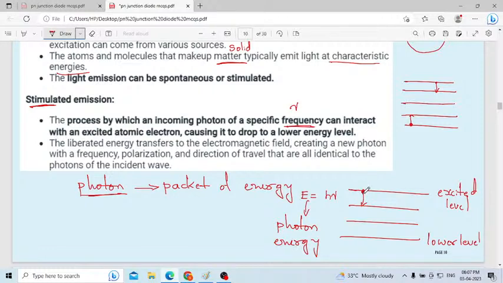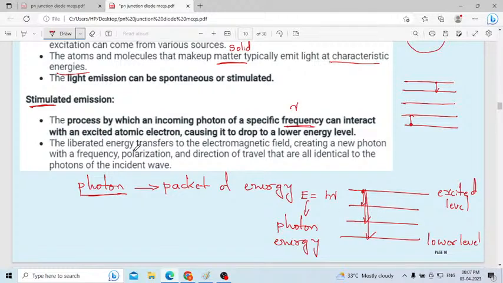If this electron has to come to the lower level, then it has to absorb the energy. That energy is nothing but photon energy, then causing it to drop to a lower energy level. After gaining the energy, it will come to the lower level. Maybe here it can come, maybe here also, maybe here also. There are different possibilities, based on how much energy you are giving, that is also important.